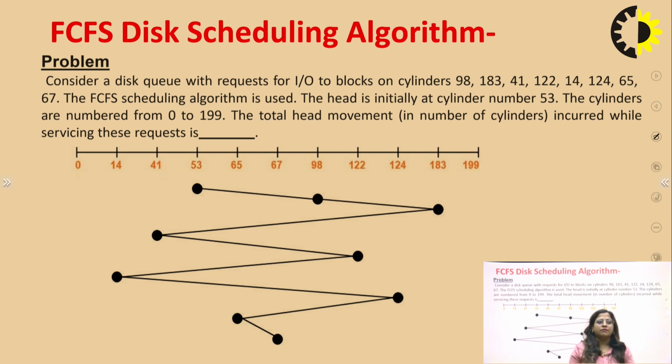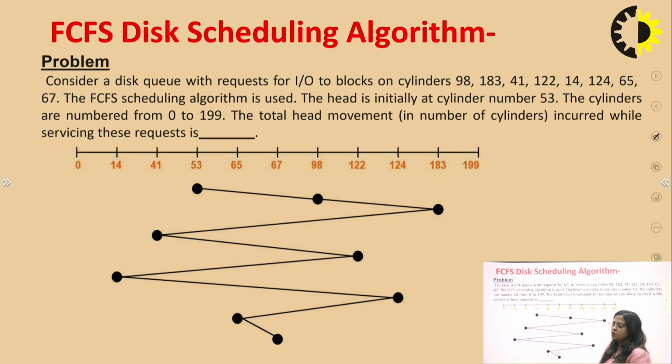So the total head movement, the number of cylinders crossed while servicing these requests, is what we need to find.